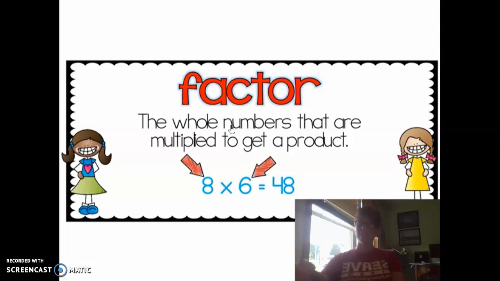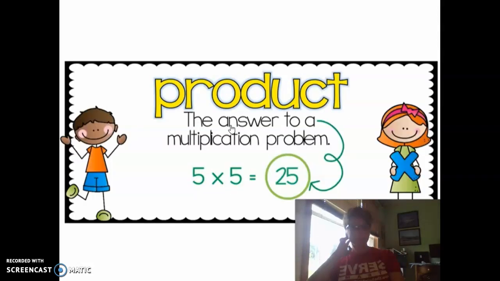So in front of us we have 8 times 6. Those two factors, we are adding 8 6 times, or we can add 6 8 times to get the answer of 48. So 8 and 6 are the factors. Those are the numbers we are multiplying together.